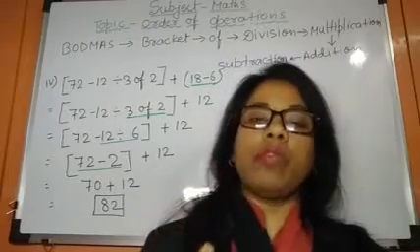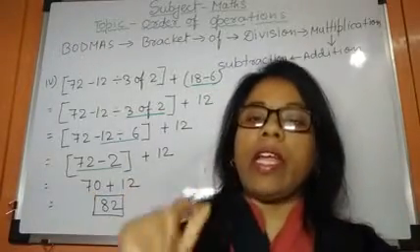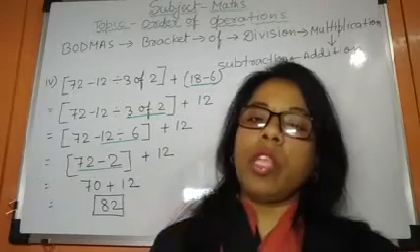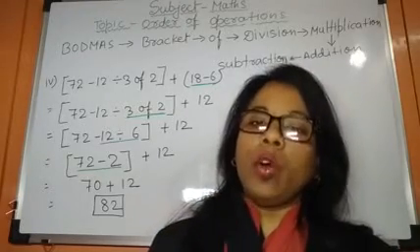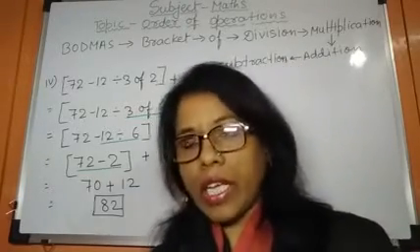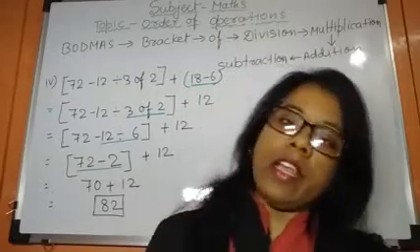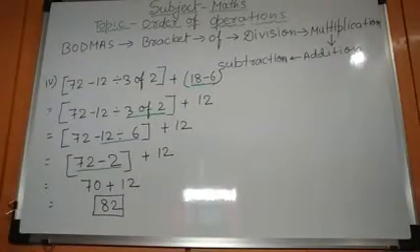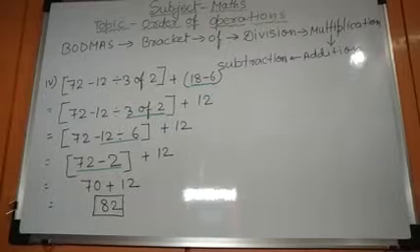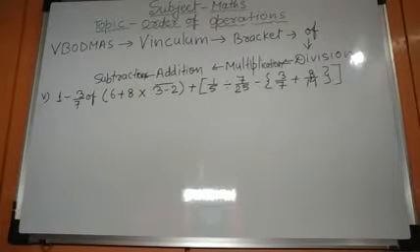Means first of all, inside the bracket you have to first do the work of of, then go to division, then go to multiplication, then addition, and then subtraction. By this way you can solve the question. Fine. Friends, this is the example of V BODMAS.